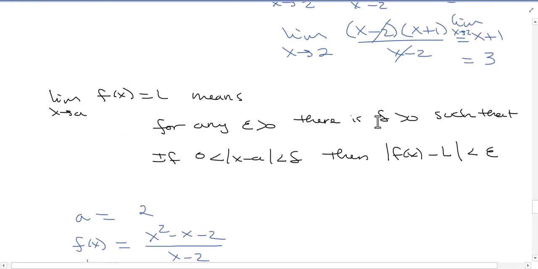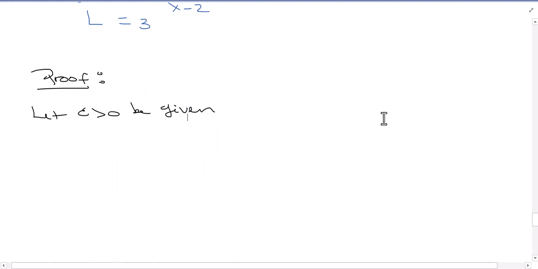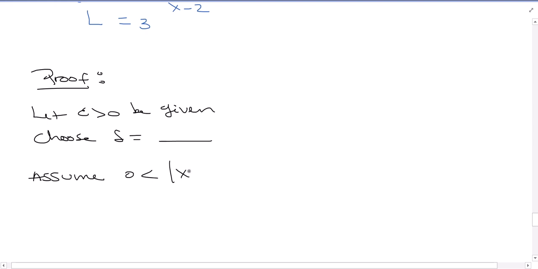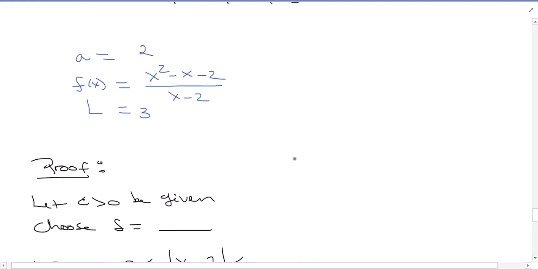Then there is a delta greater than 0. So for that particular epsilon that you're given, you're going to find the corresponding delta. We're going to choose delta to equal something from our scratch work. And then we're going to make our if-then statement. We assume that 0 is less than the distance between x and a, which is 2, less than whatever we choose our delta to be.